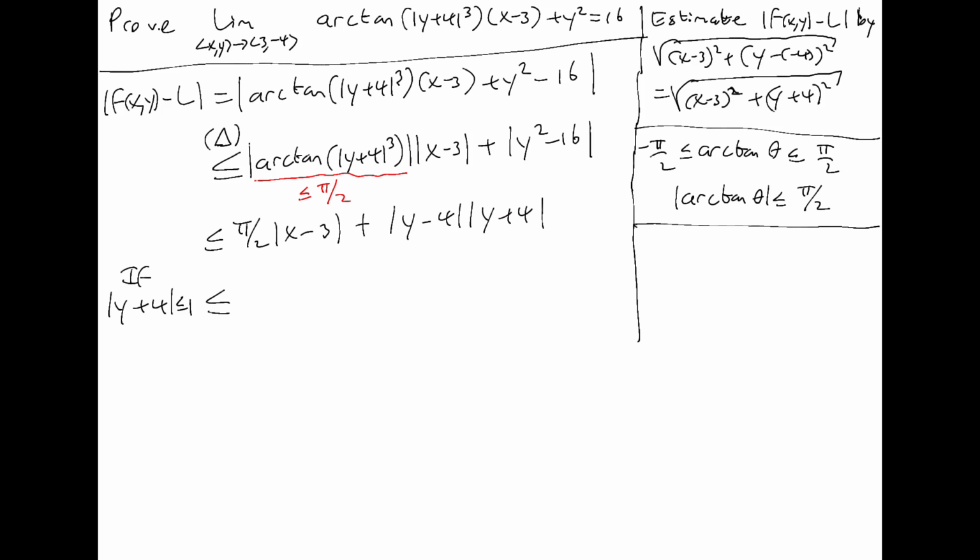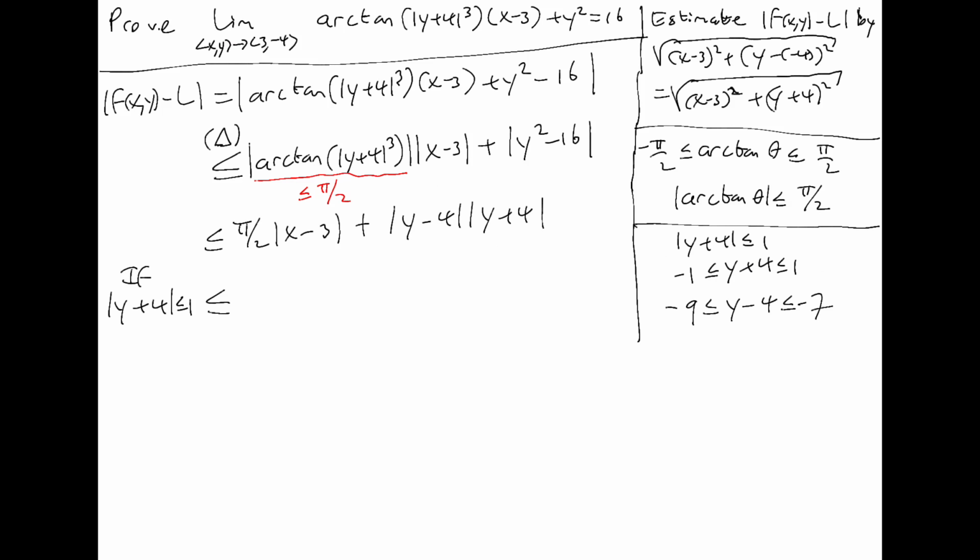Well, we start with the estimate that we have, right? The absolute value of y plus 4 is less or equal than 1, which means that y plus 4 is between 1 and minus 1. What we need is an estimate for the absolute value of y minus 4. So what can we do? Well, we can take our inequality and subtract 8, and then we get an inequality for y minus 4. So when we subtract 8, we get that minus 9 is less or equal than y minus 4, which is less or equal than minus 7.